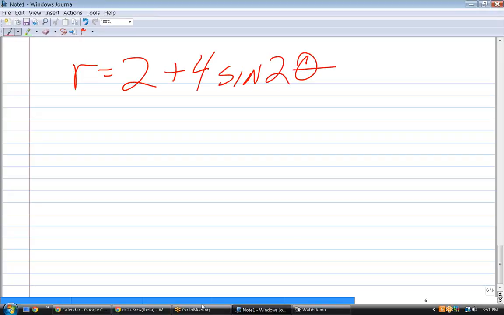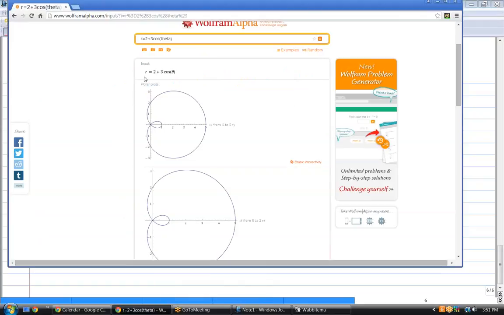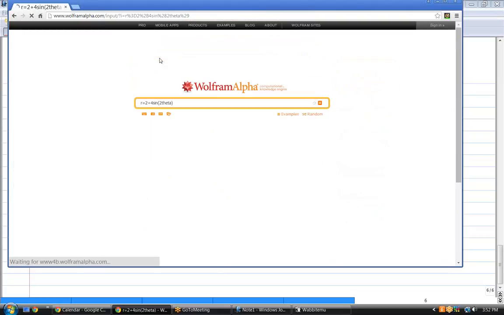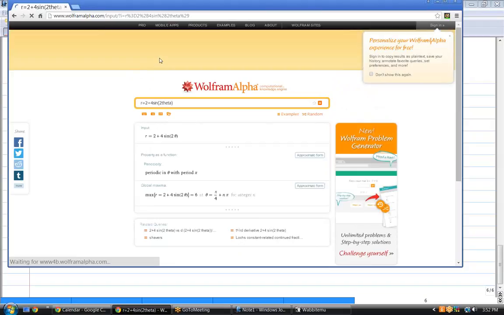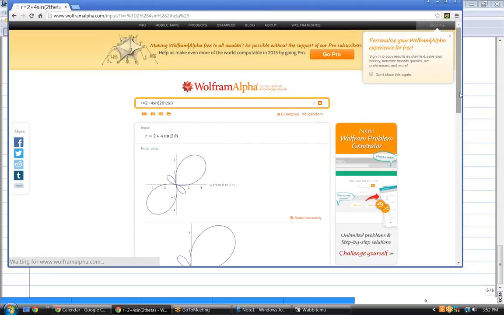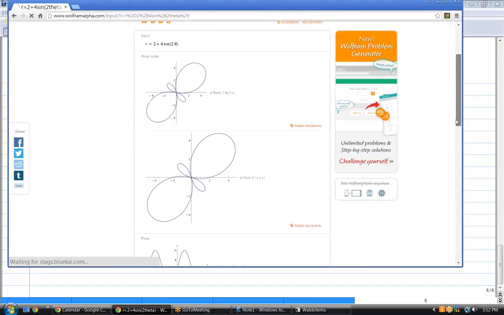I believe this is a cardioid. Well, when I put it into my calculator, it came up like a rose curve, but the petals in the second and fourth quadrant are a lot smaller than the first and third. I see. Yes. Interesting. I haven't seen one of these before.